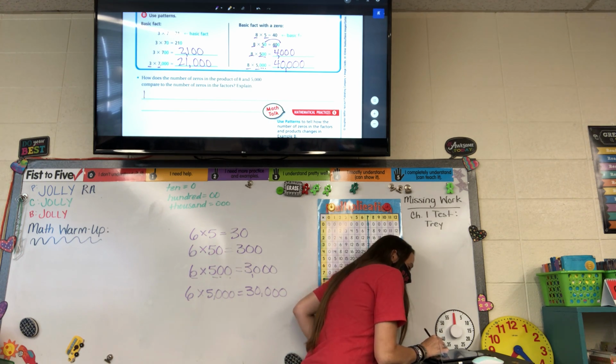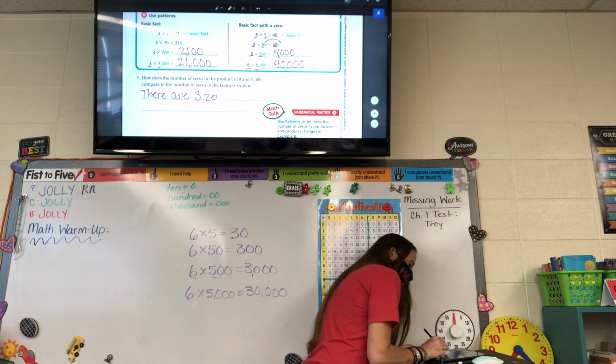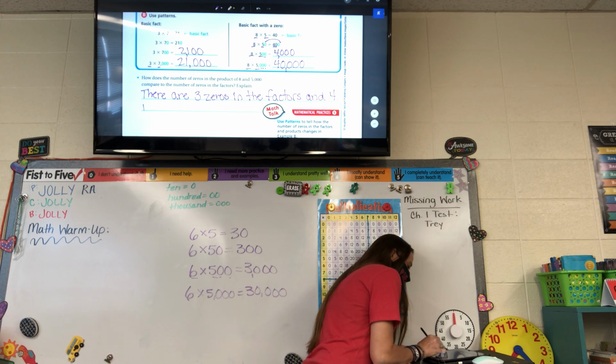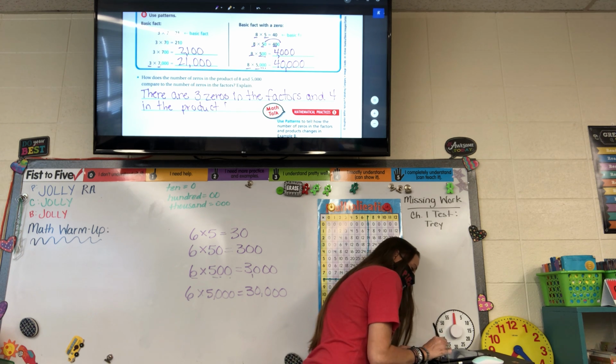There are 3 zeros in the factors and 4 in the product because the basic fact answer has a 0 in it.